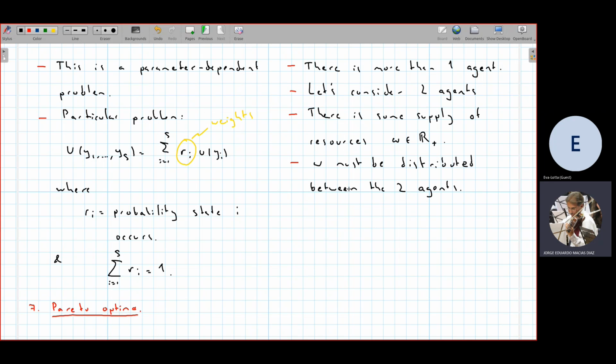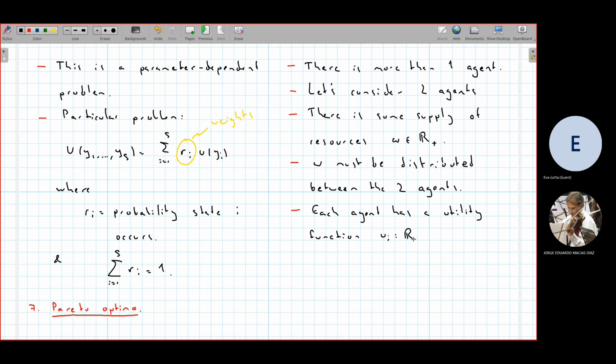And each of them has a utility function. So this utility function will be a function which we are going to represent by u subindex i, which is going to go from R plus into R plus for i equal 1 to 2.